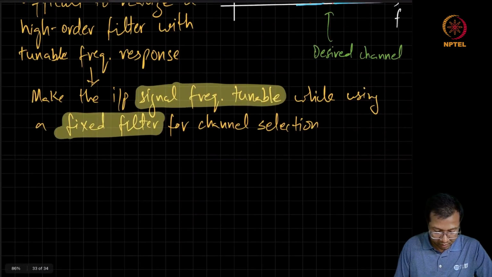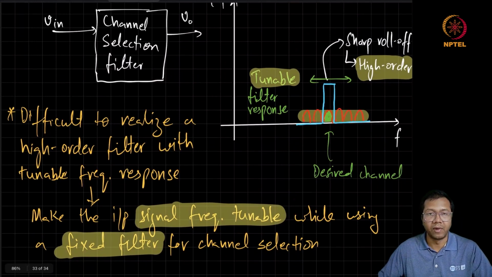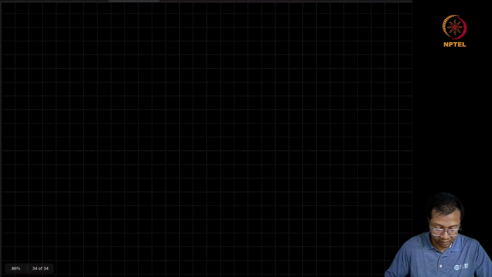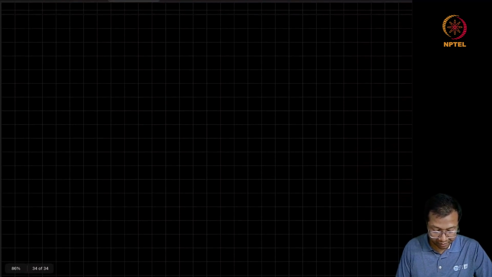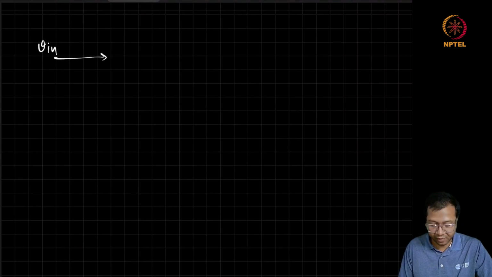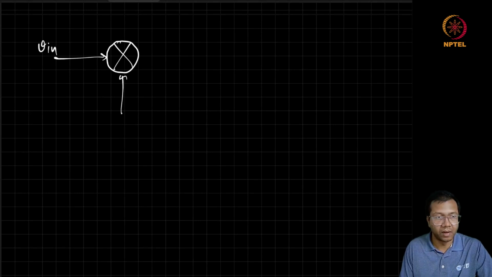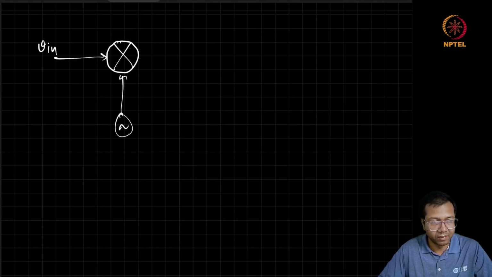So here we are talking about shifting the frequency of the input signal. So this part we have already seen earlier in the context of a transmitter design. If you are given an input signal and we want to shift its frequency, we can make use of the mixing operation, which we have already seen, where we multiply the input signal with a signal coming out of an oscillator.